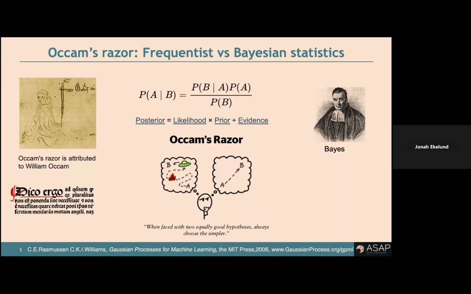So this starts from a principle of how we should treat situations where we don't have complete knowledge about our system. There are two types of statistics that exist, and they often disagree with each other about how you should look at things.